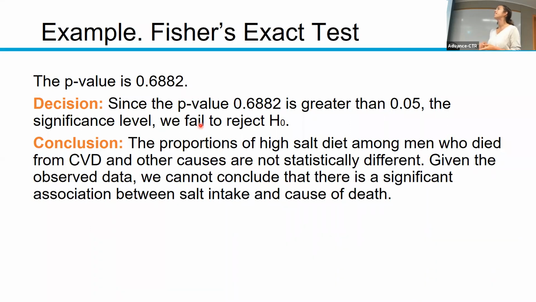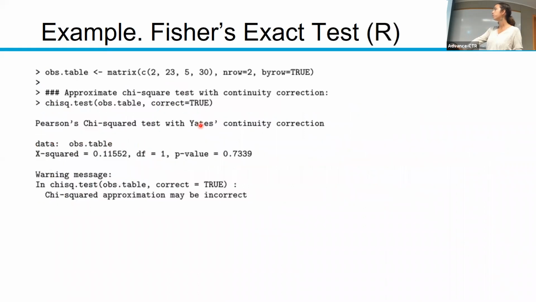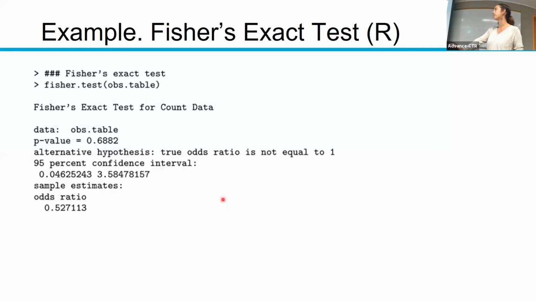So at this significance level, we just don't have enough data to conclude that there is a significant association between this exposure of a high salt diet and the cause of death. And to be honest, you would have reached the same conclusion had you just disregarded this warning message and used the chi-squared approximation, but that might not always be the case for other examples. So that's why it's important to know that Fisher's exact test can be used.